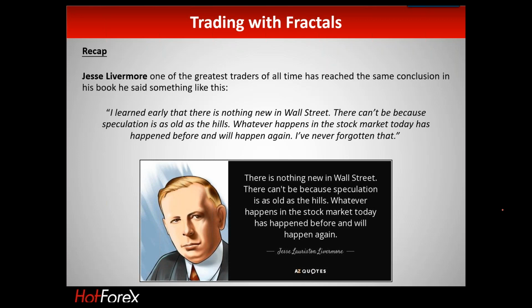History repeats itself, and so do the markets, the stock markets and the financial markets in general. This is where the whole fractal theory is based: on the repetition of the same market behavior again and again over every single time frame. So if you have seen a pattern to the upside or a pattern to the downside, it is something that happened again and again.